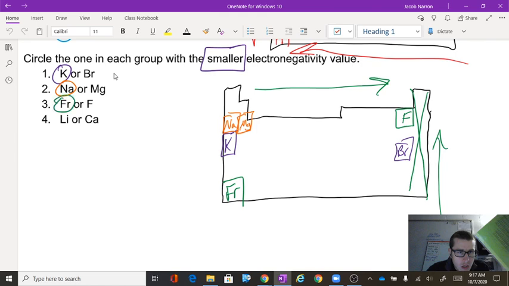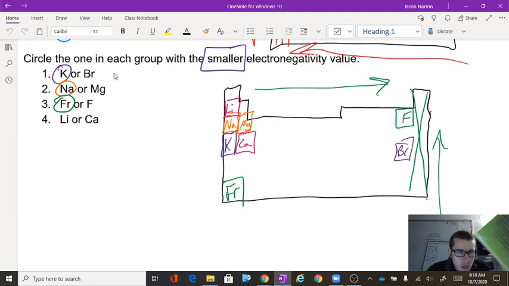And then the last one is lithium or calcium. Okay, so let me put lithium right here, because that's where it goes. And calcium is actually right here. Now, this one's kind of tricky because lithium is higher up the periodic table, even though calcium is technically one closer to fluorine.